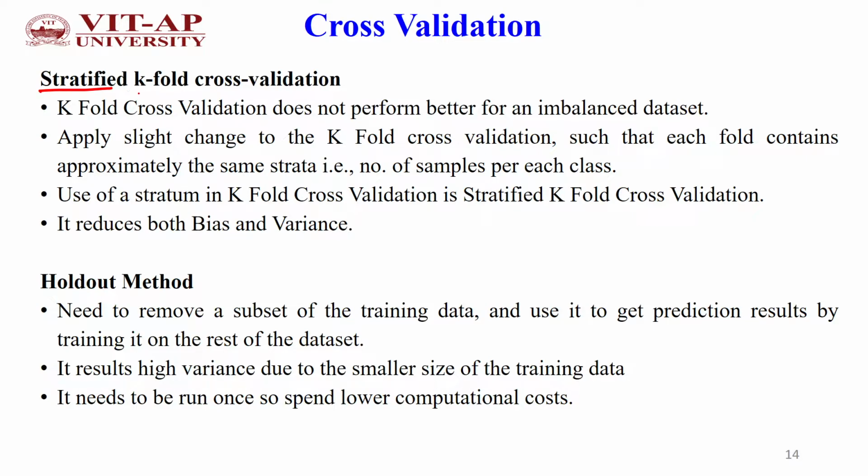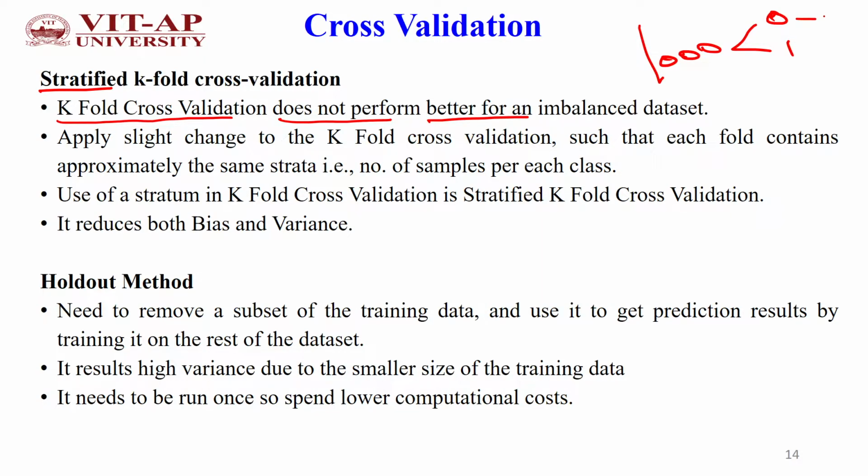Stratified means that in a data set there are balanced and imbalanced data sets. K-fold cross validation does not perform well for an imbalanced data set. Imbalanced data set means suppose we have 1000 samples, with two classes, class 0 and class 1.